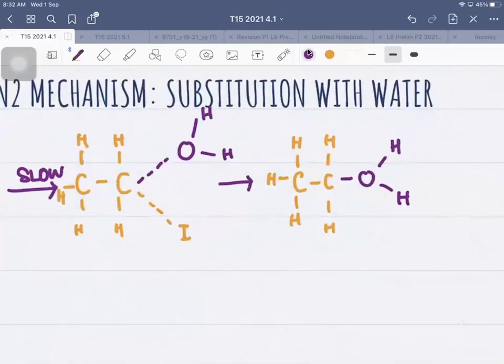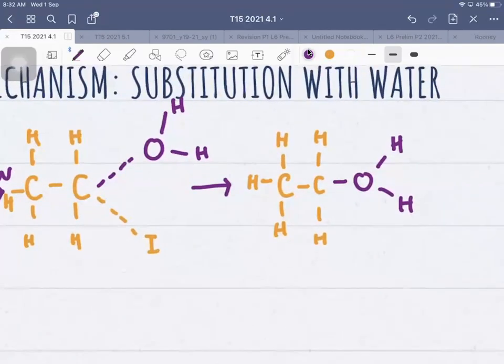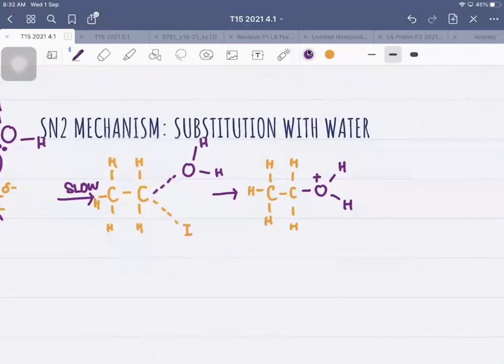Okay, again, bear in mind the oxygen has 3 bonds, so it must develop the positive charge because it has given away its lone pair. And the next step, to make this positive charge happy, you break one of the oxygen-hydrogen bonds to form an alcohol.